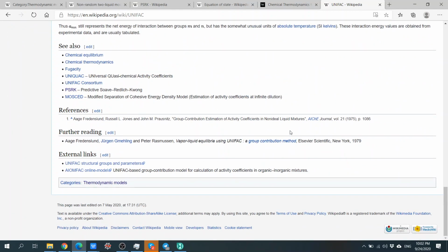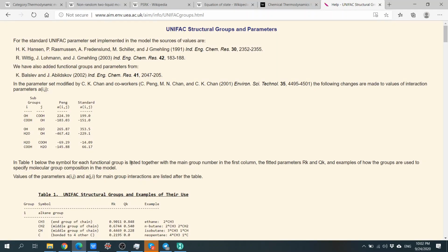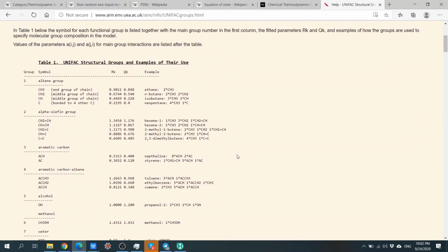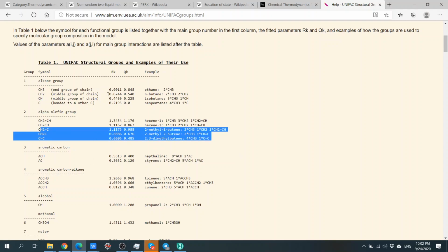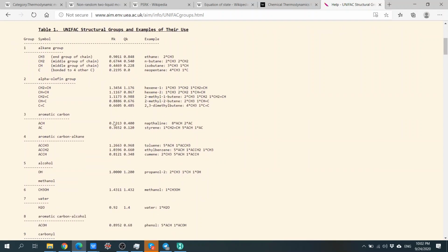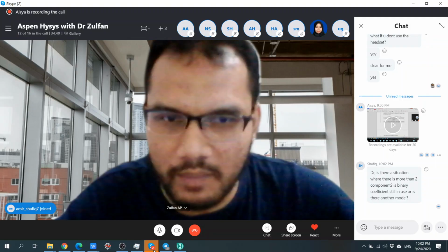Somebody should have a table. This one. See, it has all of this CH3, CH2, CH and so on, with these numbers. Depending on the components that we are dealing with, it will use these numbers to calculate the binary interaction parameters for us.